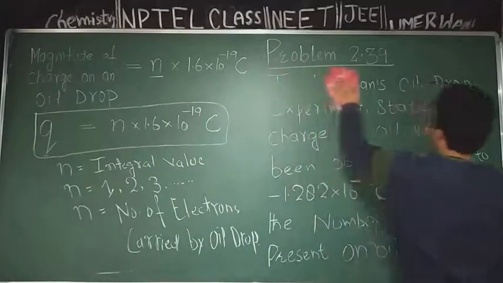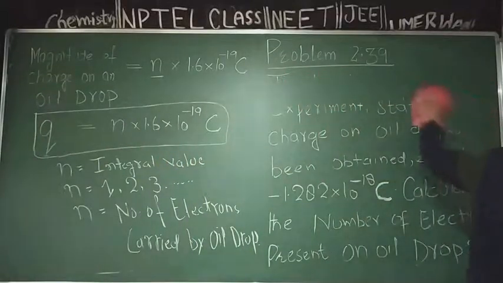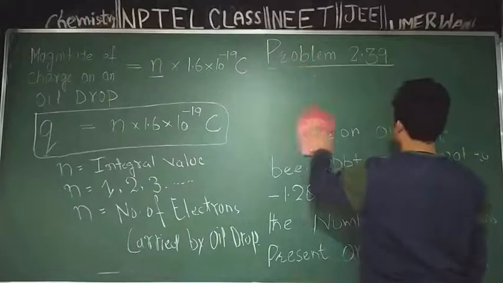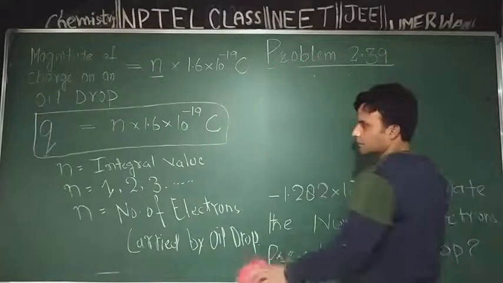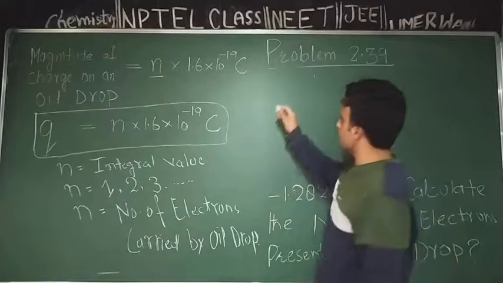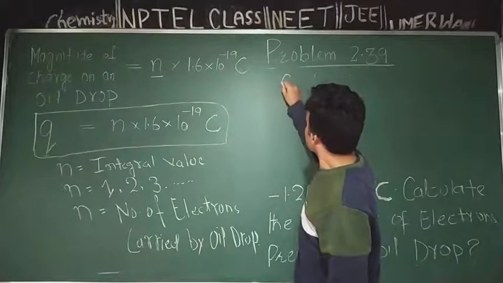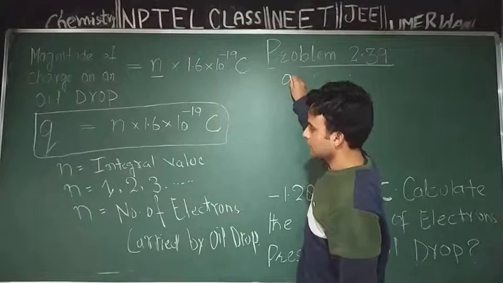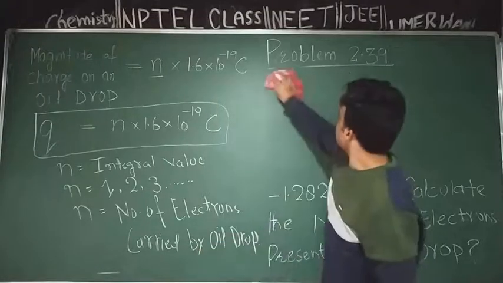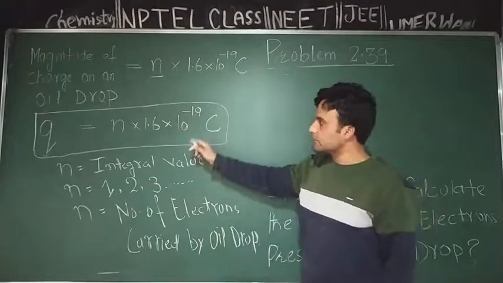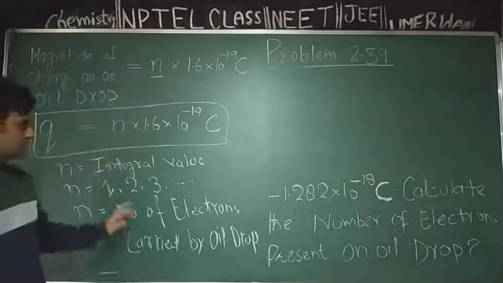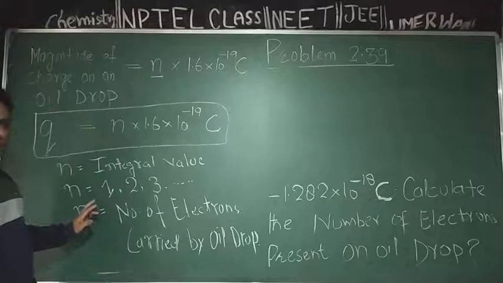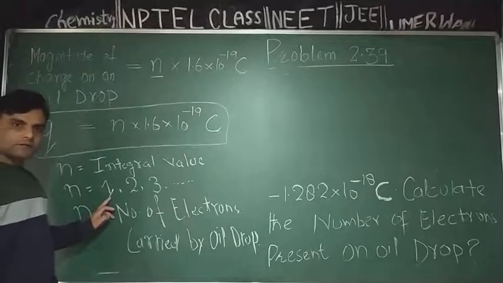Further, I may write this equation like this. Let me tell you how he determined the magnitude of charge on one electron. What is the minimum number of electrons that can reside on an oil drop? 1.